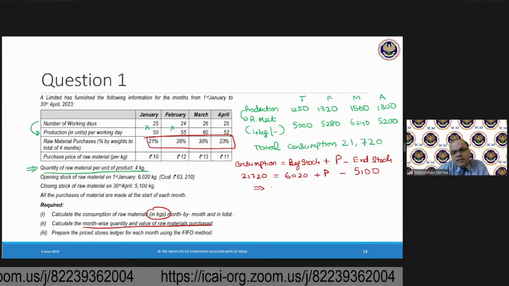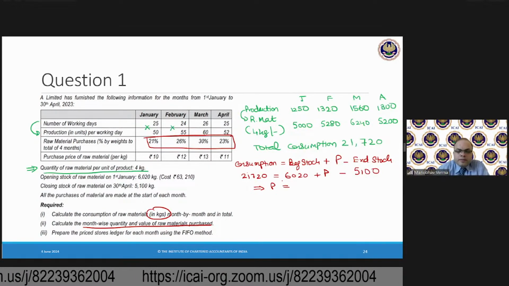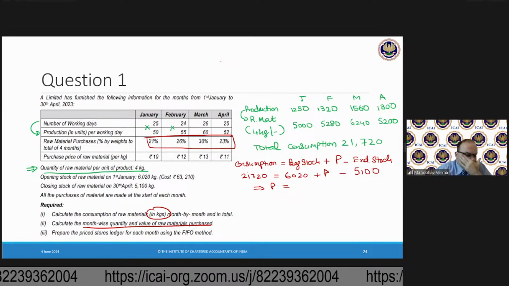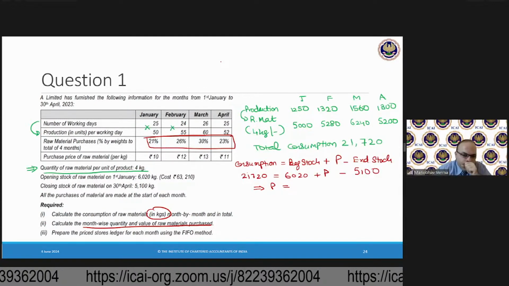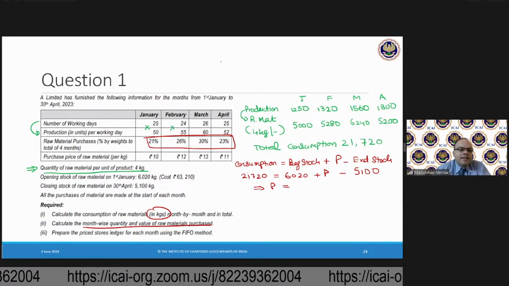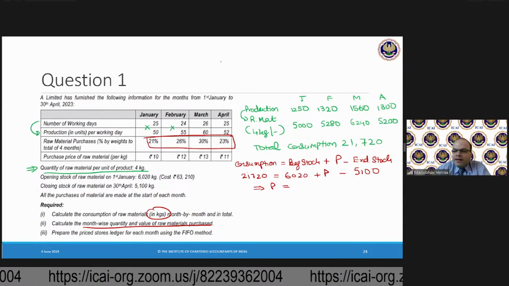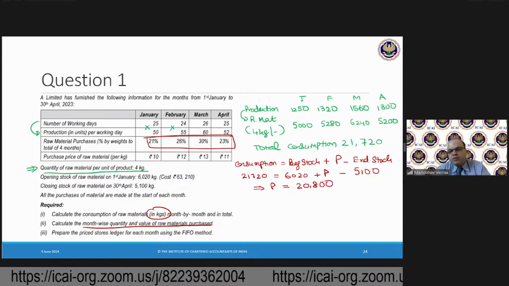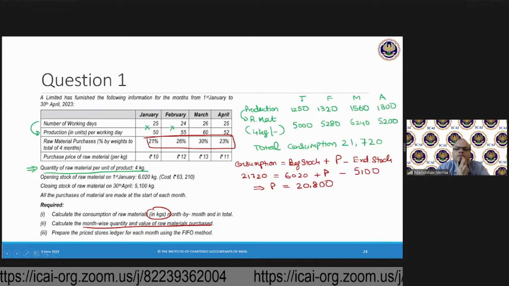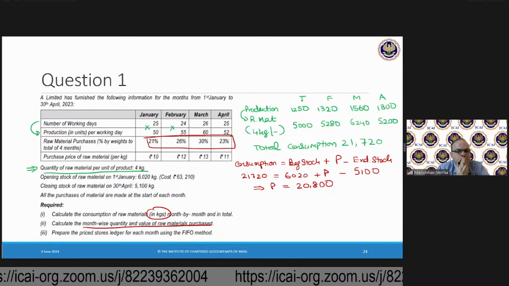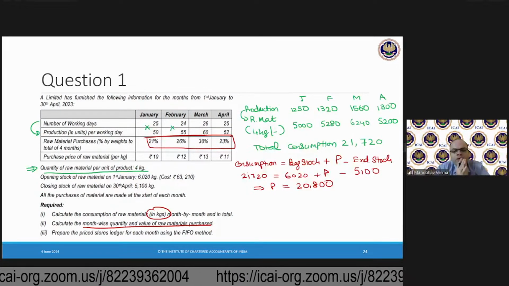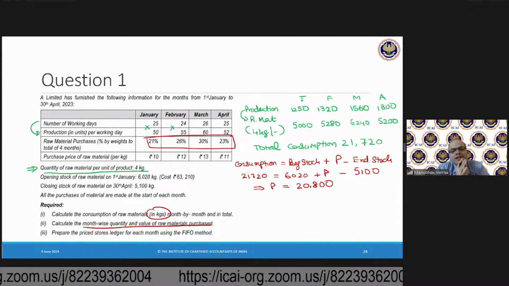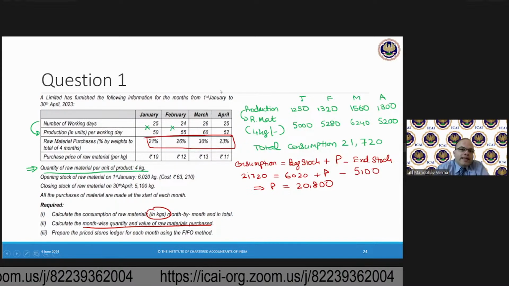So accordingly, the purchases can be calculated, which ideally seems to be 20,800 if I'm not wrong. You guys can double check, because my closing stock is less than the opening stock by 920 here.